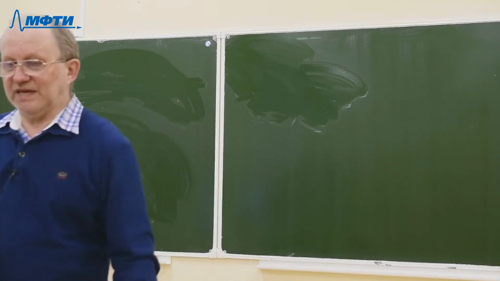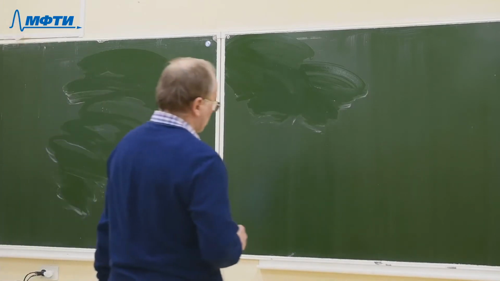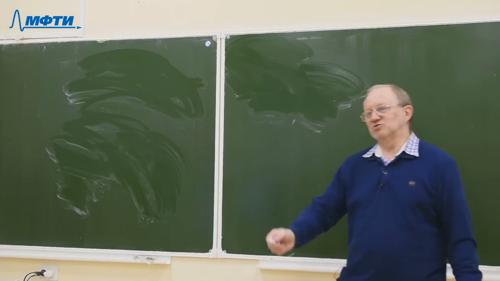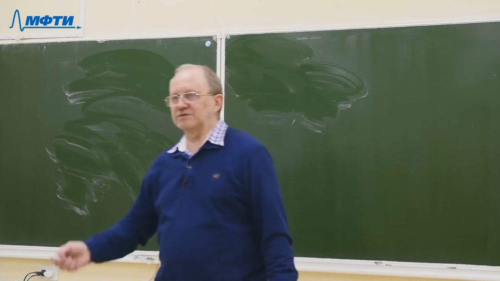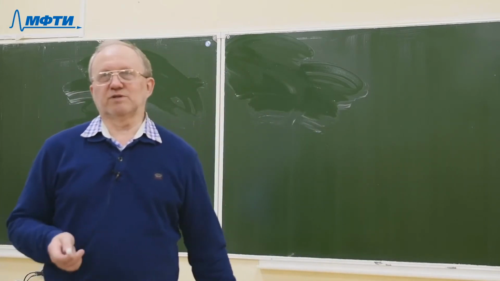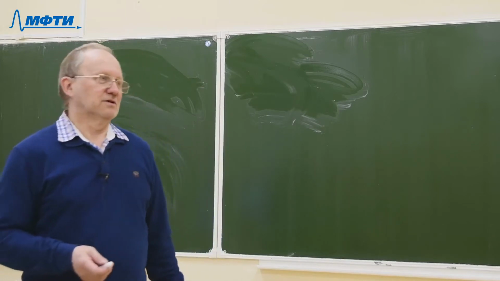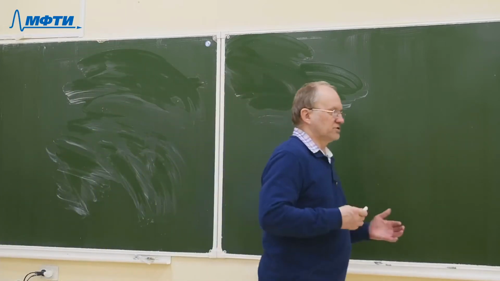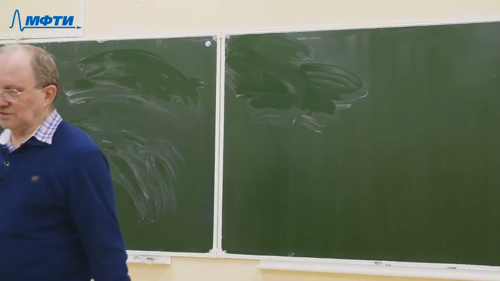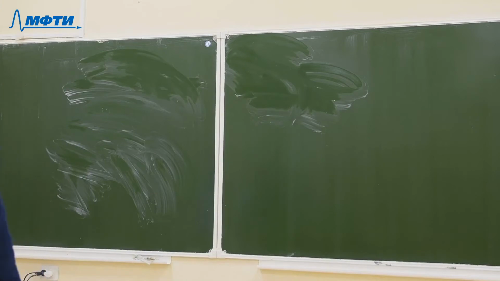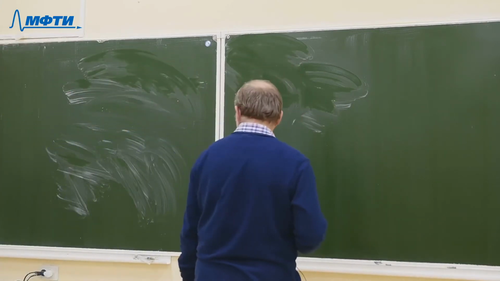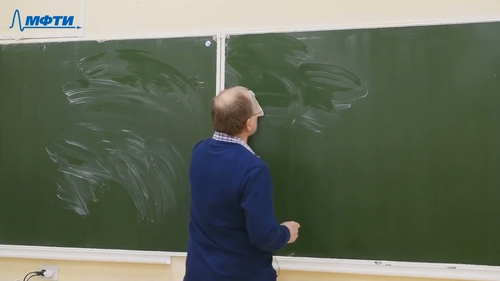So if we have planets, each planet moving in its own trajectory around the sun, you know there are 3 laws of Kepler, 3 Kepler's laws, which describe the motion of planets. We discussed these laws last semester, didn't we? Okay. So you remember Kepler's laws.